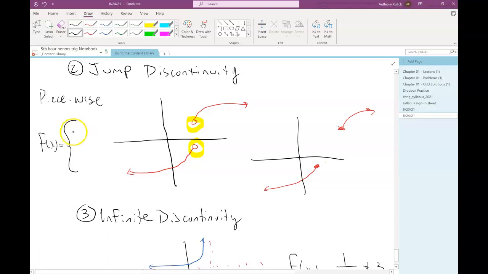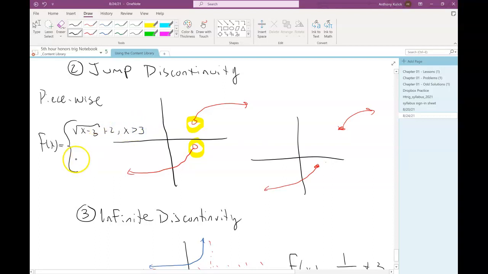Like, let's say square root of x minus 3, plus 2 is about what that looks like, for x greater than 3.